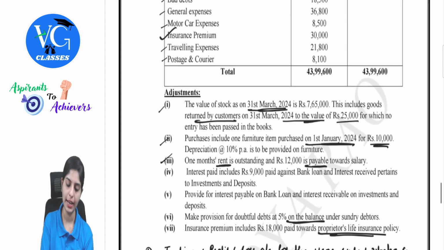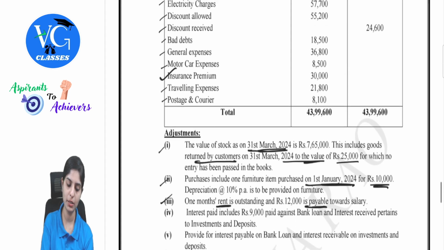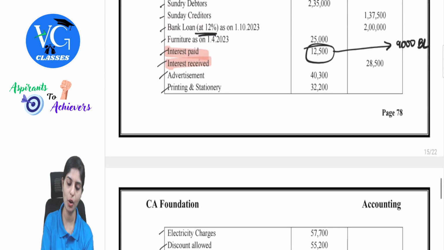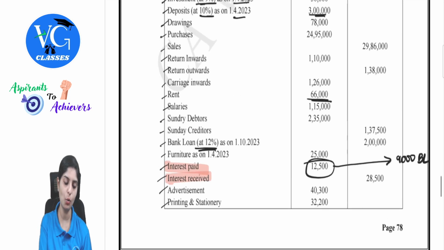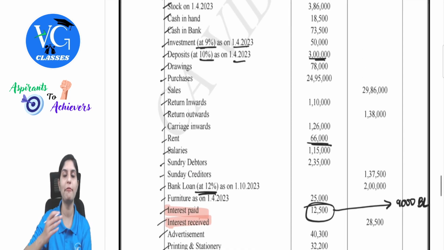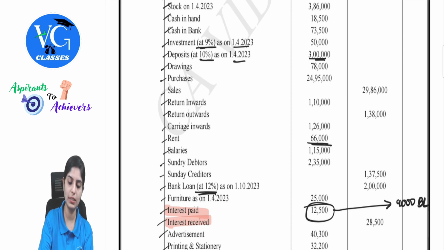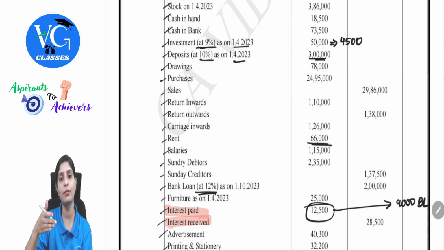Next, interest received pertains to investments and deposits. Likewise, let's observe how much is interest received. Total interest received is 28,500. Now we have to calculate what should have been the interest income from investments and deposits. First, for investments, 50,000 at 9%. So this should have been 4,500, correct? This is taken on 1st April itself, so full year. Then next, 3 lakh on deposits.